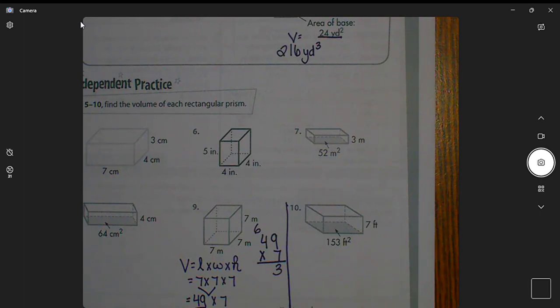Seven times 4. And then 28 plus 6. You're right. It's 34.